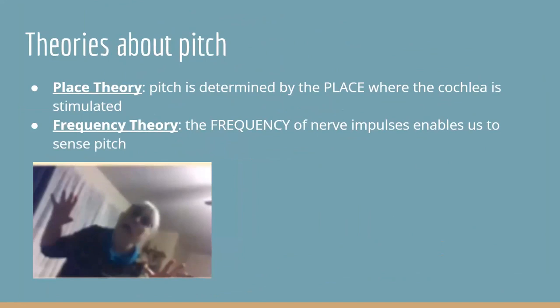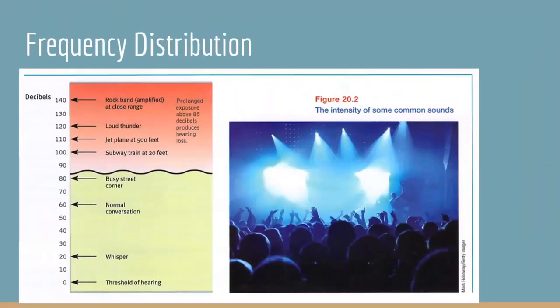All right, there's 2 theories about pitch. There's the place theory. It says that pitch is determined by the place where the cochlea is stimulated. The frequency theory says the frequency of nerve impulses enables us to sense pitch. All right, frequency distribution. This is basically telling you what is safe and what's not. So the intensity, we can measure that in decibels, dB.